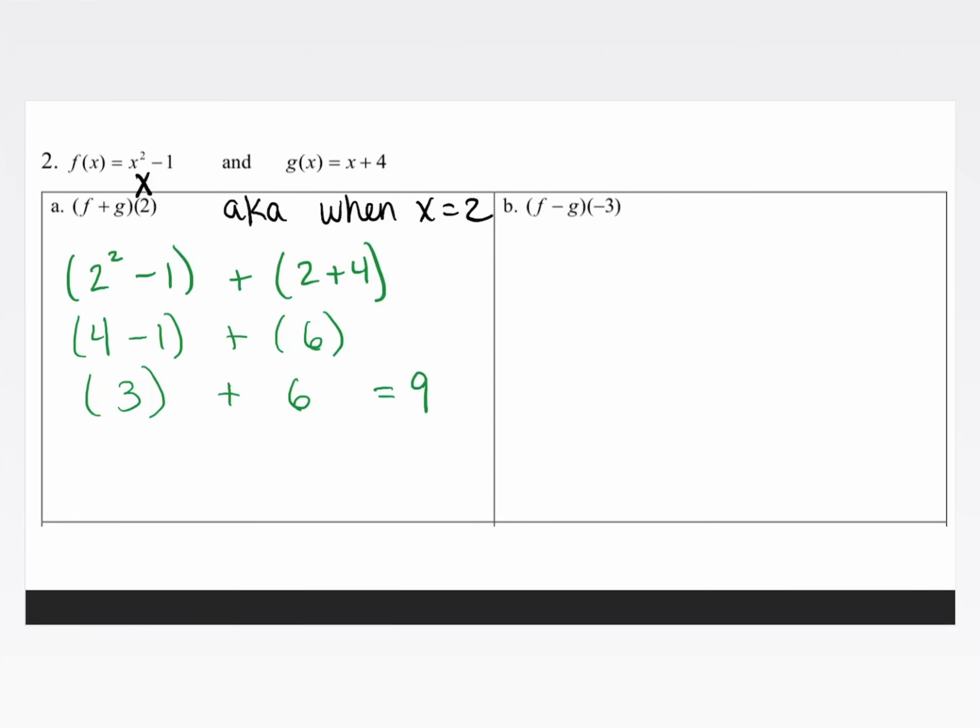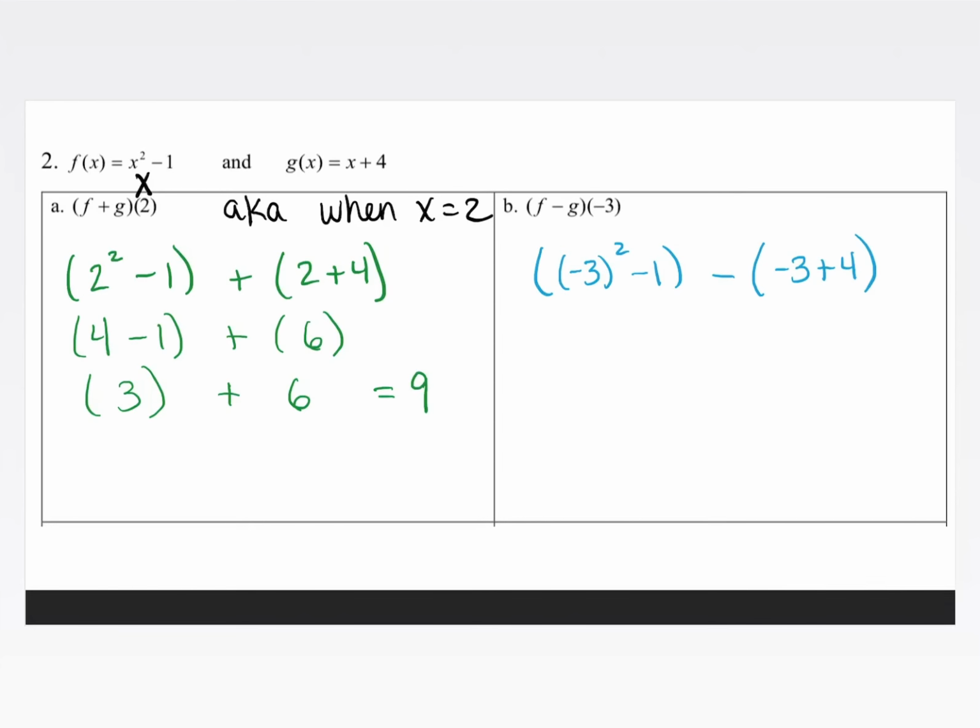Moving on to part B, here we have f minus g of negative 3. So we're going to still use our function f of x, but wherever we see an x, we're going to plug in a negative 3. So we have negative 3 squared minus 1 and then we're going to subtract our negative 3 plus 4.